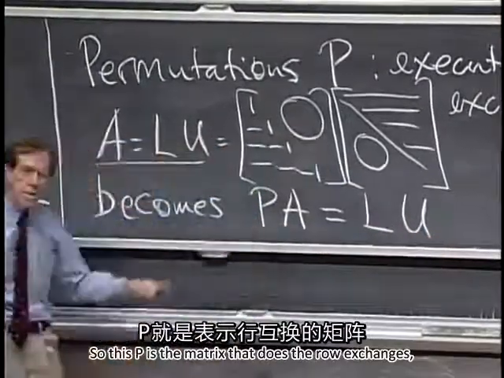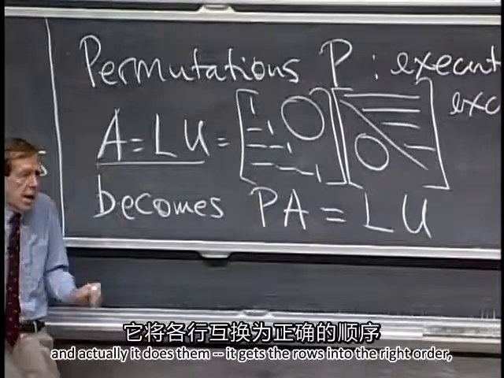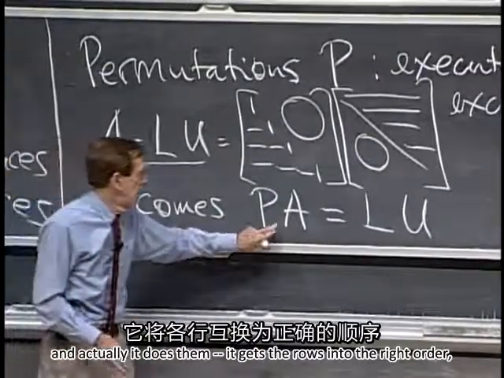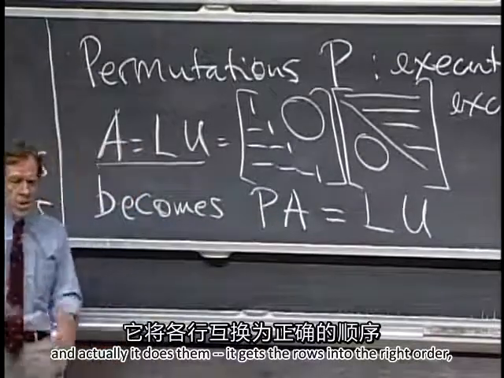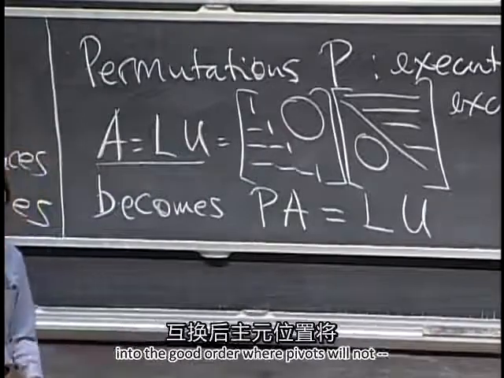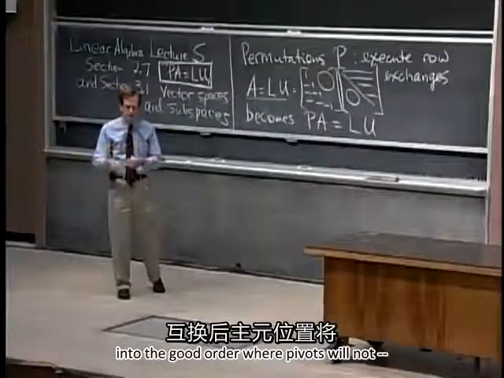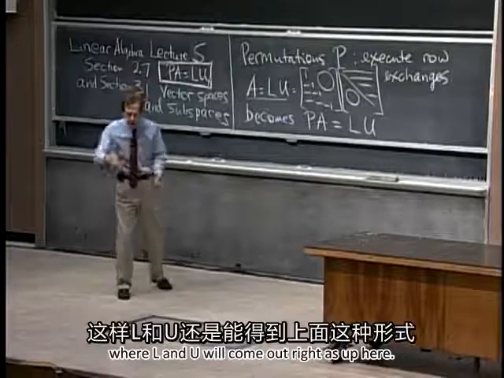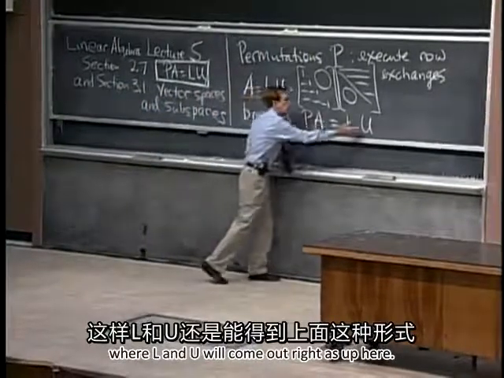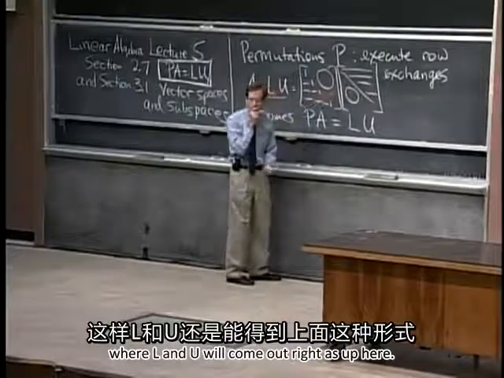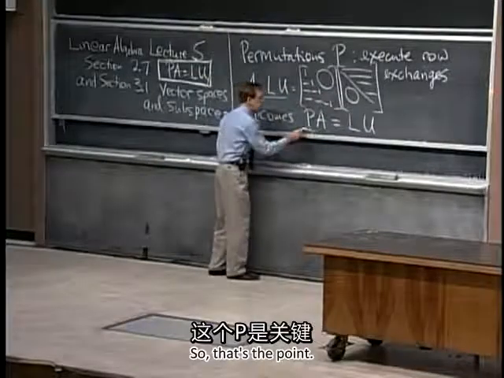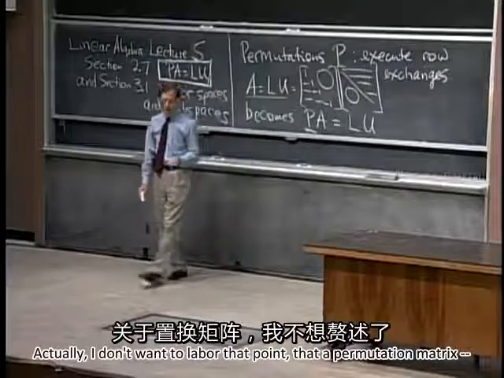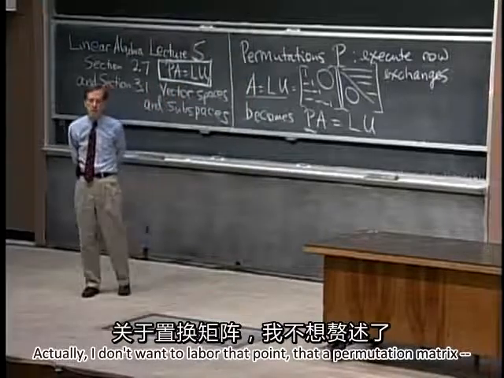So this P is the matrix that does the row exchanges. And actually, it gets the rows into the right order, into the good order where zeros won't appear in the pivot position, where L and U will come out right as up here. So that's the point. Actually, I don't want to labor that point.